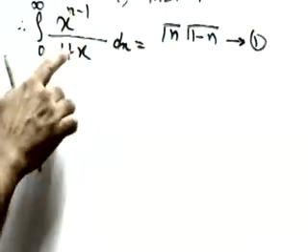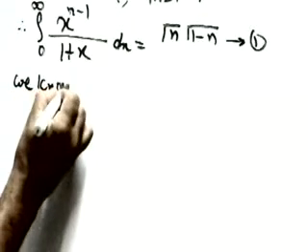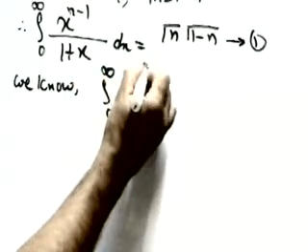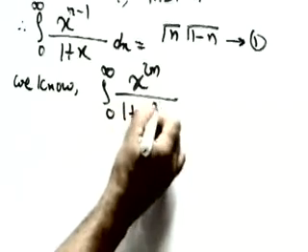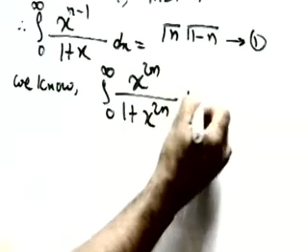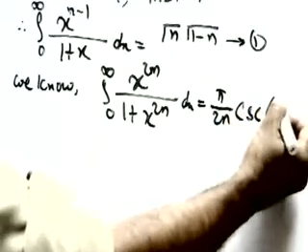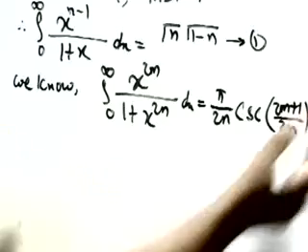We note this as equation 1, let me use this later. Now we have to use the identity we know, the formula we have just discussed. What is the formula? Integration 0 to infinity x power 2m divided by 1 plus x power 2n dx equals pi by 2n cosec of (2m plus 1) by 2n into pi.